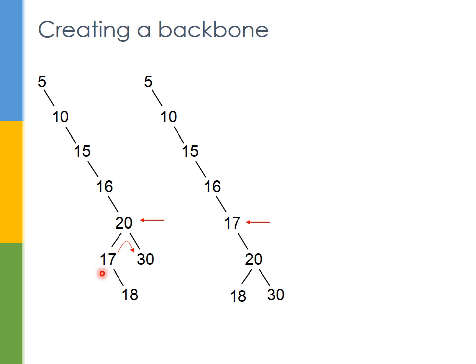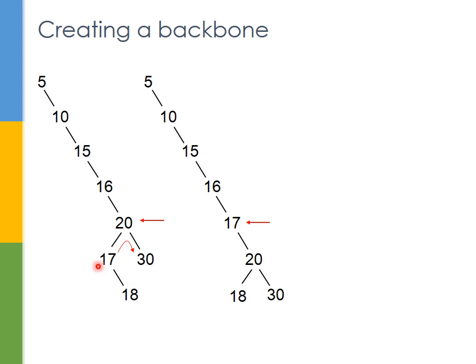If we perform this right rotation, we end up with the following tree. We see that 17 has rotated up to become the new parent. We see that the old parent, which is node 20, has rotated down to become the right child of node 17.